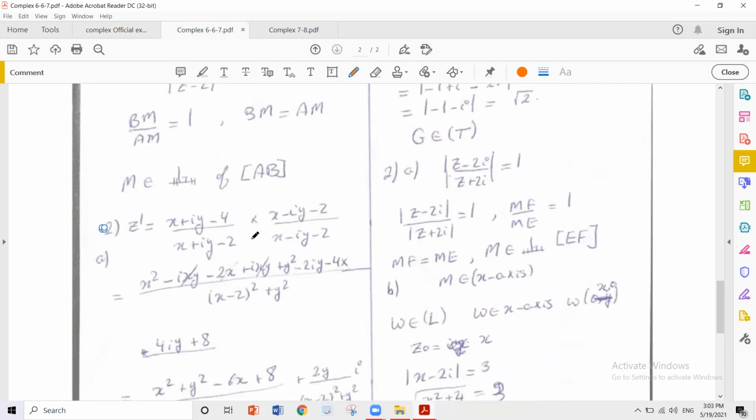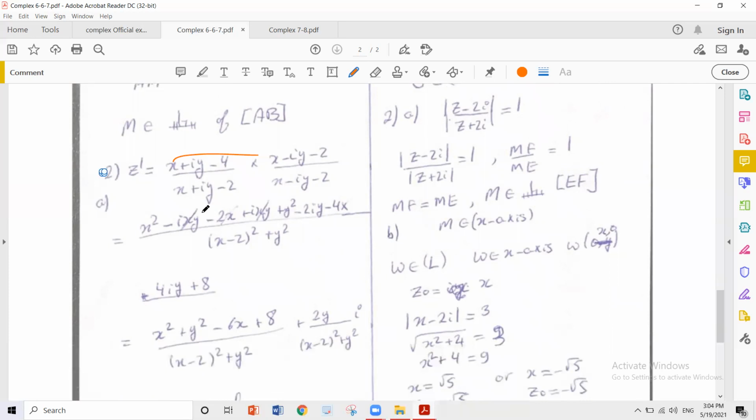So now we multiply by the conjugate: x times x squared, x times minus iy, minus ixy, minus 2x plus ixy, plus y squared, minus 2iy, minus 4x plus 4iy, plus 8.